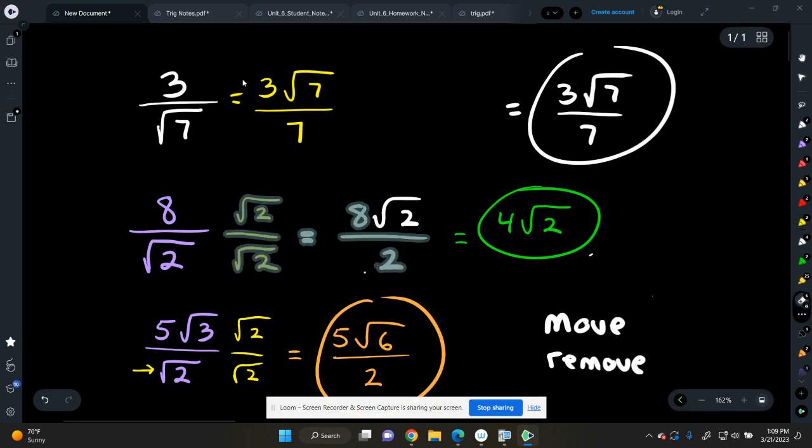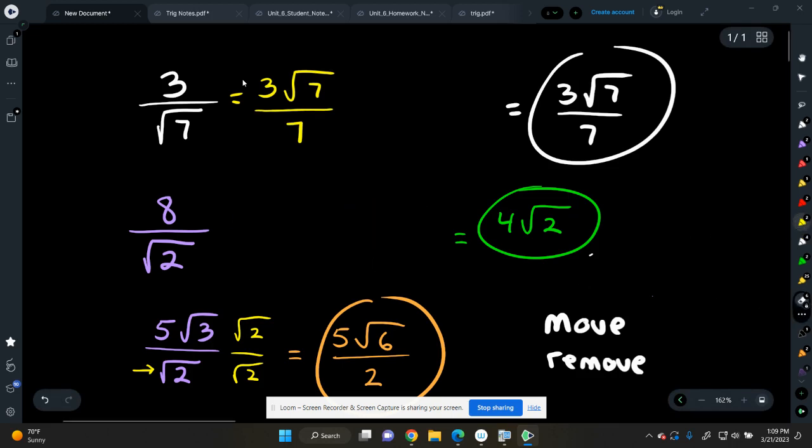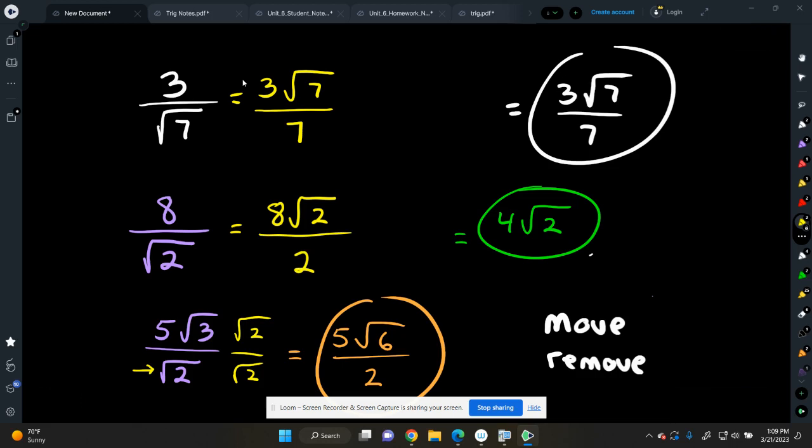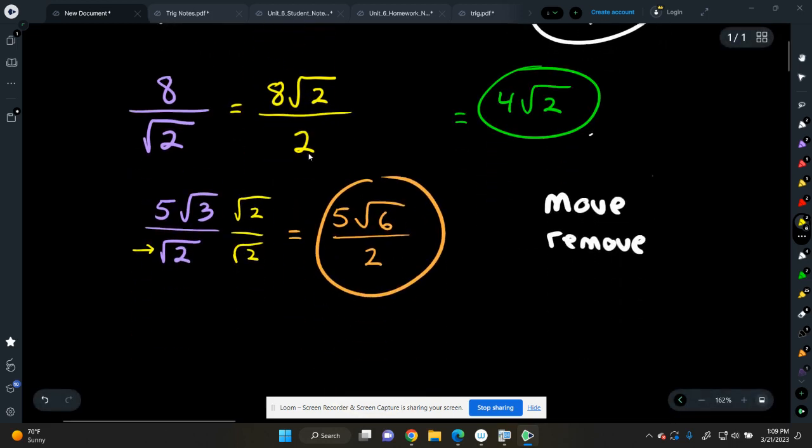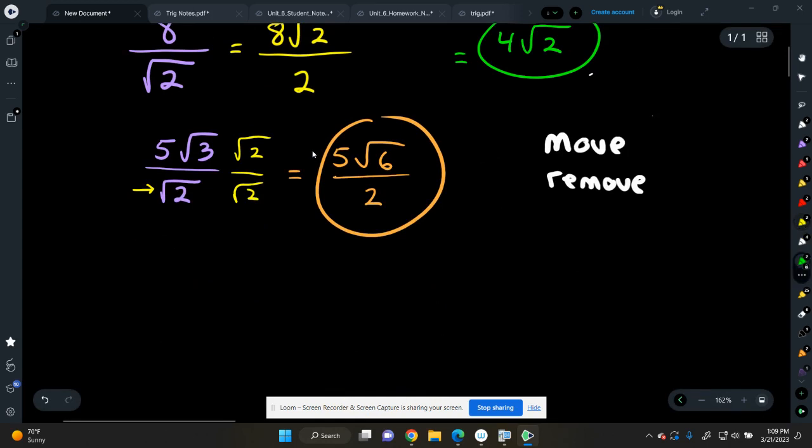Look at this one. Move and remove. So what are we moving? The radical 2. And then we remove the radical from the bottom. So what if we had 7 over the square root of 5?